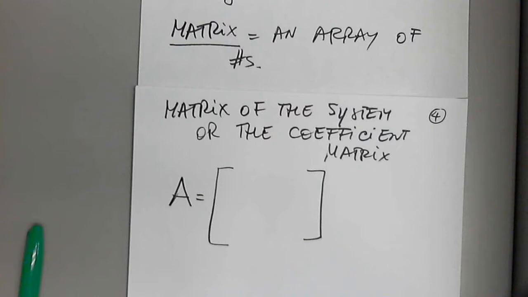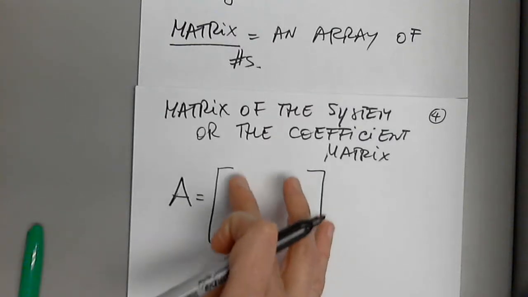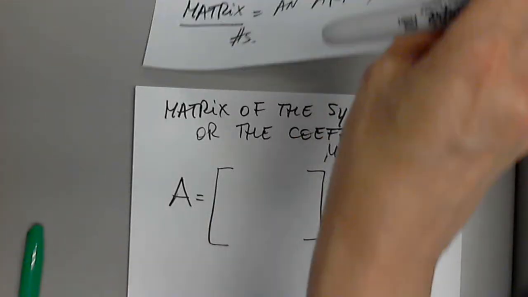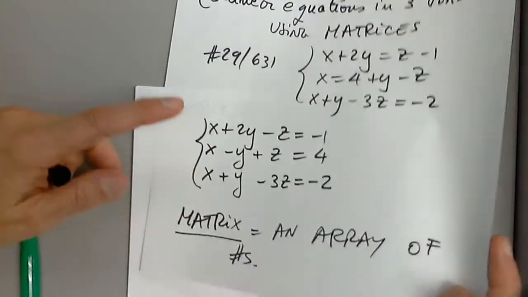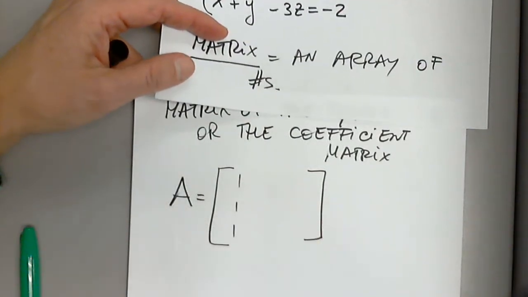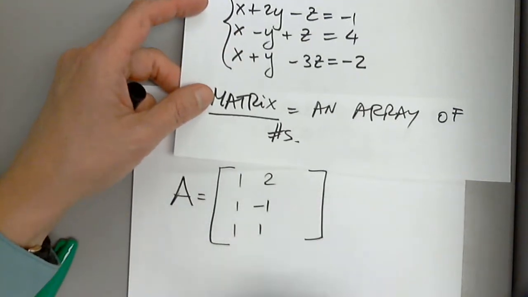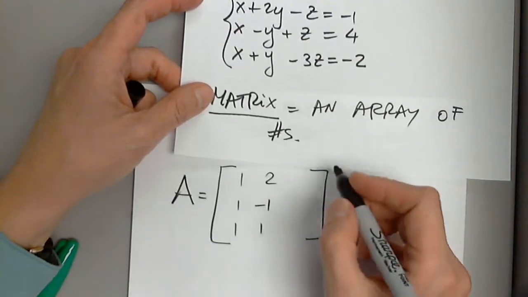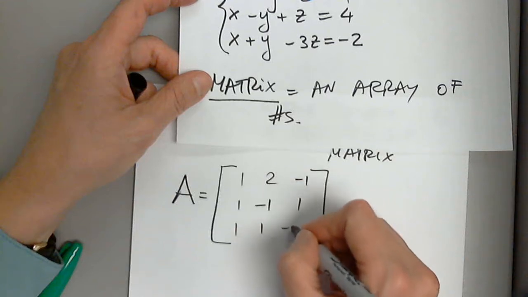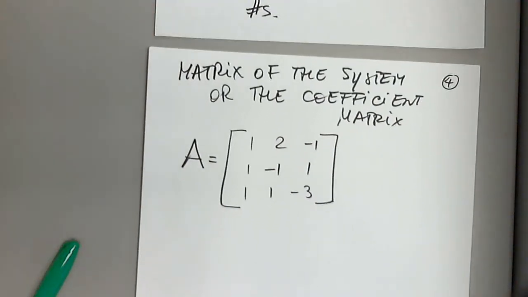Let's see what we have inside. The first column consists of coefficients of x: 1, 1, 1. The second column, coefficients of y: 2, negative 1, 1. The third column: negative 1, 1, negative 3. This is what we call the coefficient matrix.